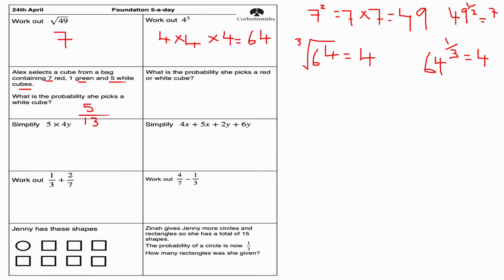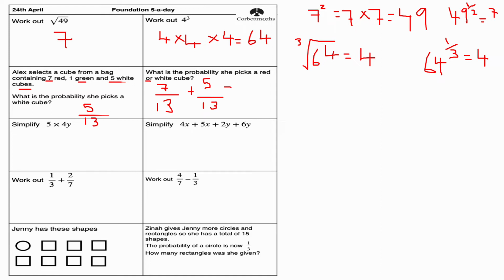What is the probability that she picks a red or a white cube? The word or means I'm going to be adding my red fraction and my white fraction together. So 7 out of 13 plus 5 out of 13, which is equal to 12 out of 13.